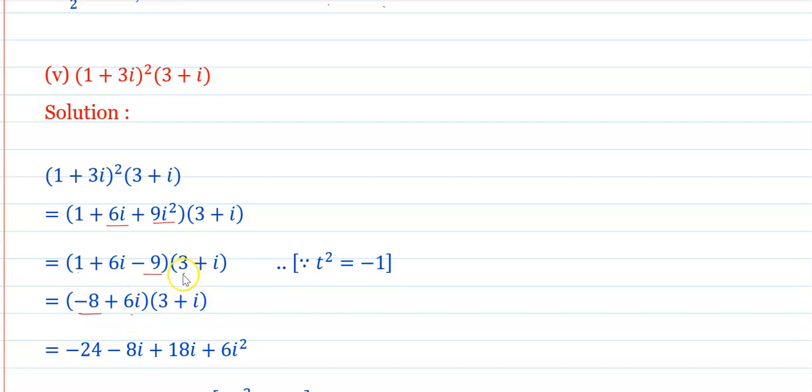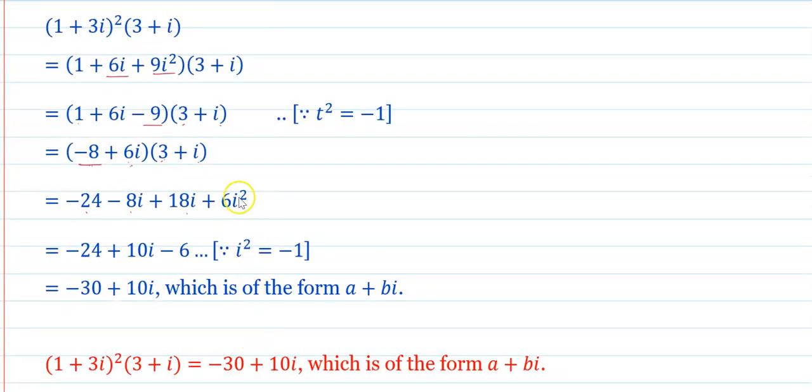In the first bracket minus 8 plus 6i, and the second bracket 3 plus i. Now minus 8 into 3 gives minus 24. Minus 8 into i gives minus 8i. 6i into 3 gives 18i. 6i into i gives 6i square. But what is i square? i square is minus 1. 6 into minus 1 gives minus 6. Minus 8i plus 18i gives 10i.